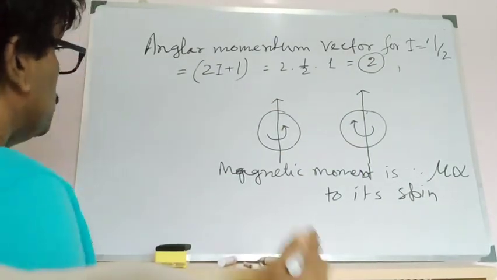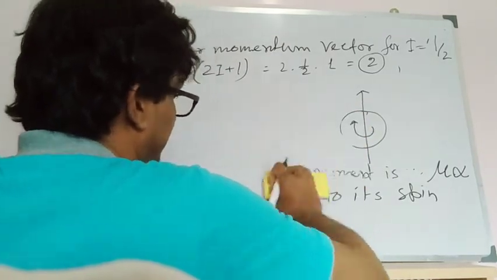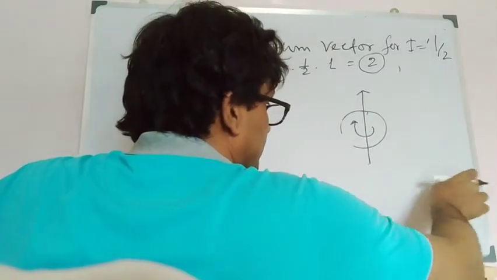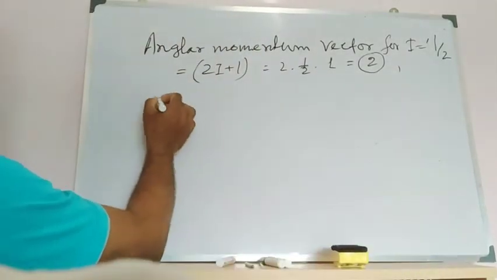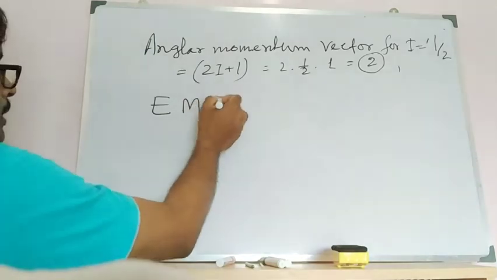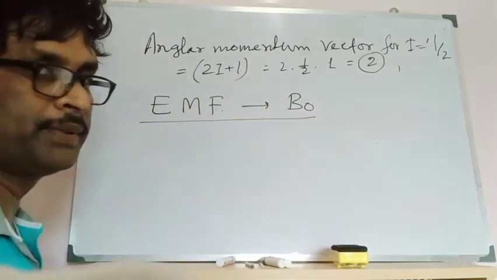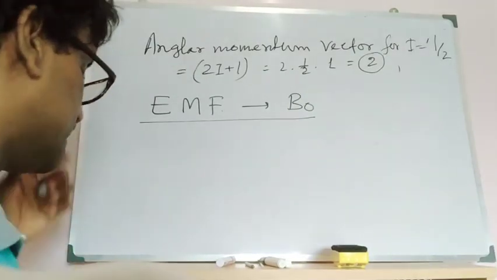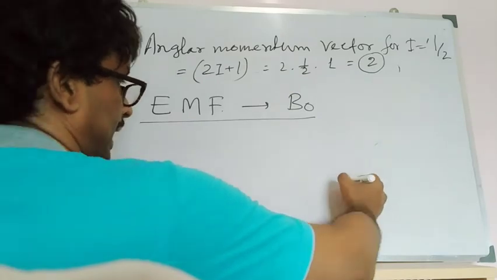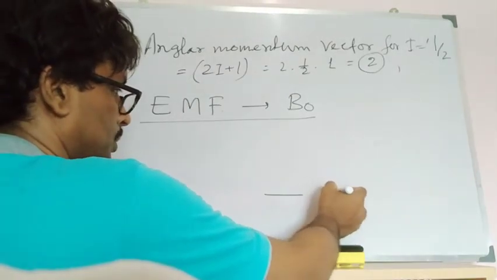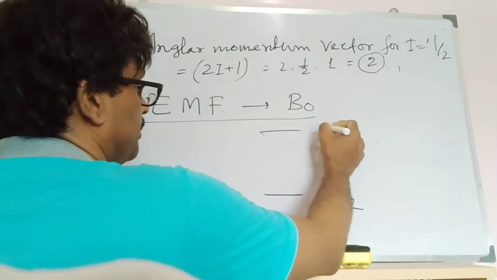Now, in the presence of an external magnetic field, what should happen? The external magnetic field is represented by B0, in this direction. In the presence of this external magnetic field, two spin states exist. The first one is the plus up state, and another spin state is also possible.